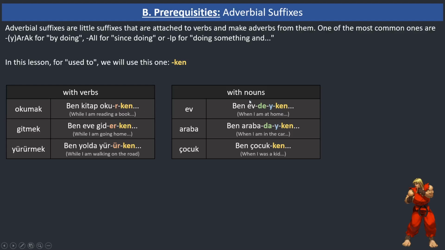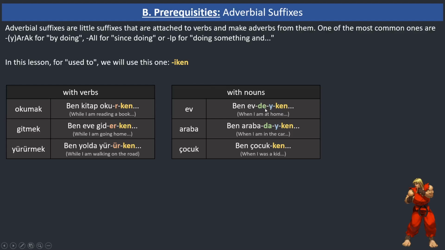And with nouns, which is what we need for this lesson, we have ev, house. Ben evdeyken. I also need this de suffix for location, meaning "at the house". And there's a little y here. The reason we have y is because the actual suffix is iken. If you look into old Turkish books, you will probably see it as iken.